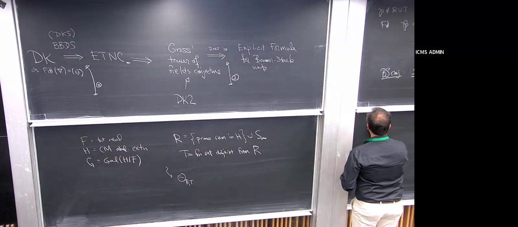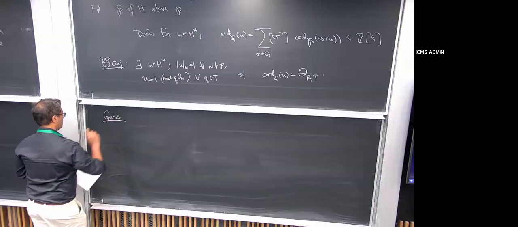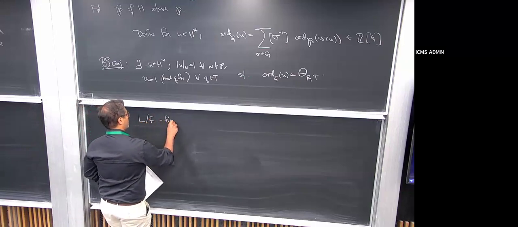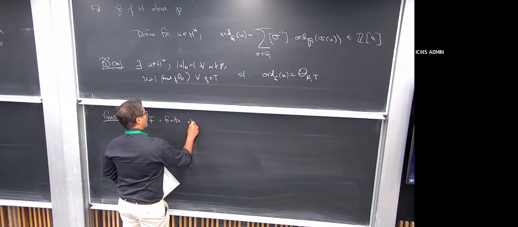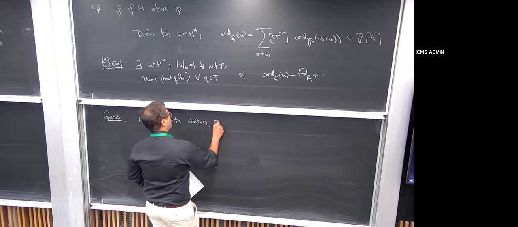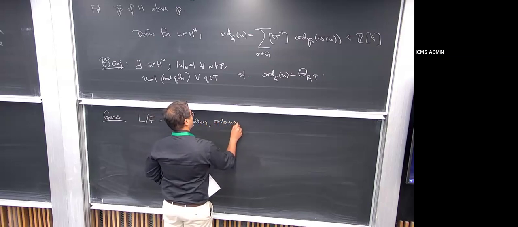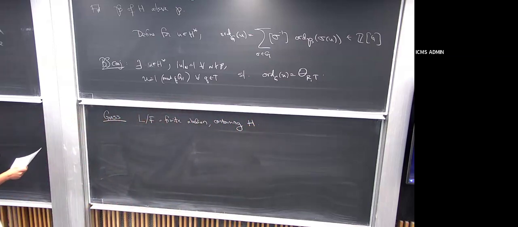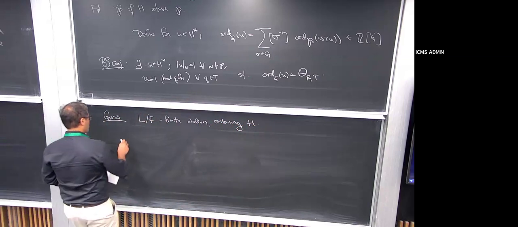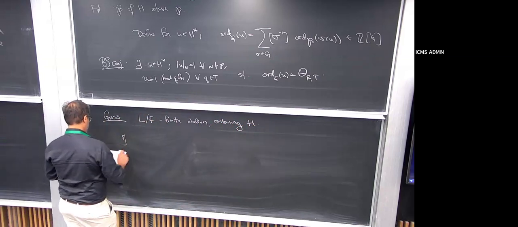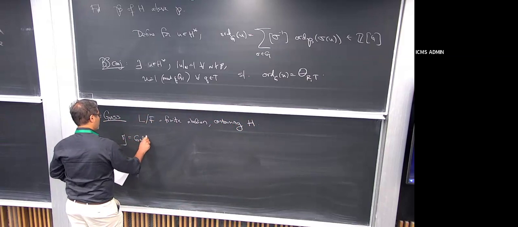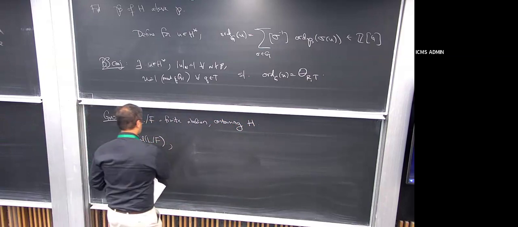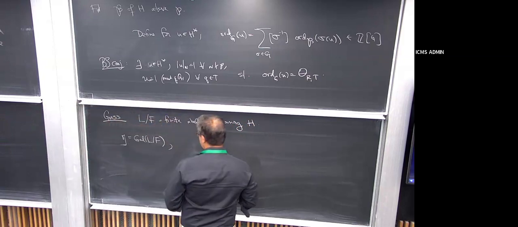So Gross's conjecture. Now we pick a finite abelian extension L of F containing H. And we have some notation, which is the Galois group of L over F. Instead of writing it out, it's better to just draw a picture.